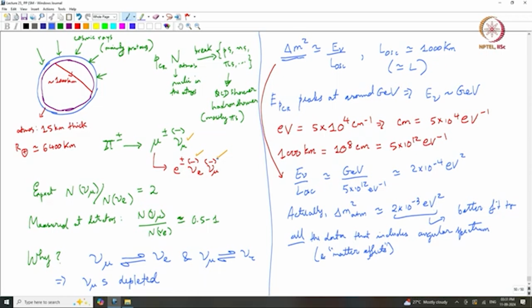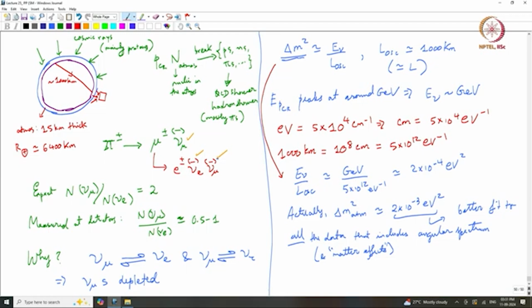So what do you mean by angular spectrum? If your detector has directionality capabilities, which most detectors do, you can tell how many neutrinos came from this direction, how many came from this direction. So you can measure the probability conversion for each direction also, and every direction corresponds to a different baseline, a different chord length through the earth.